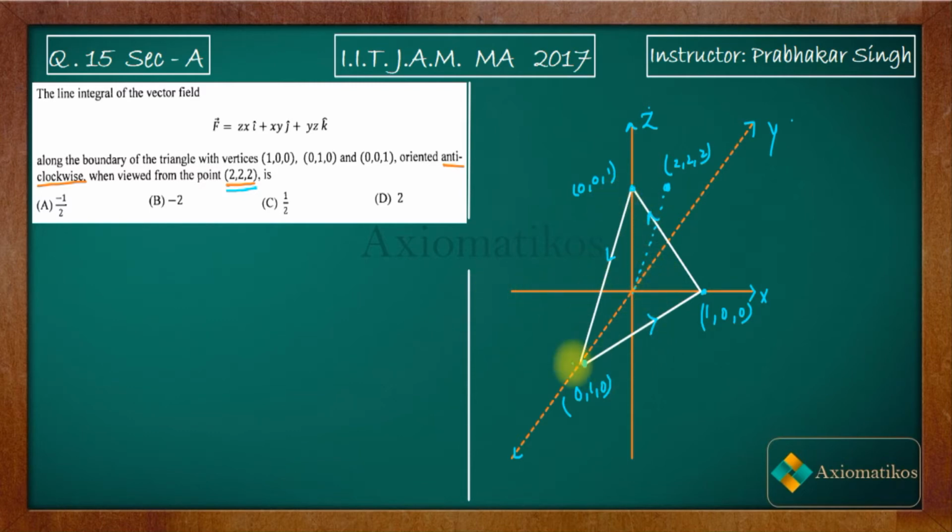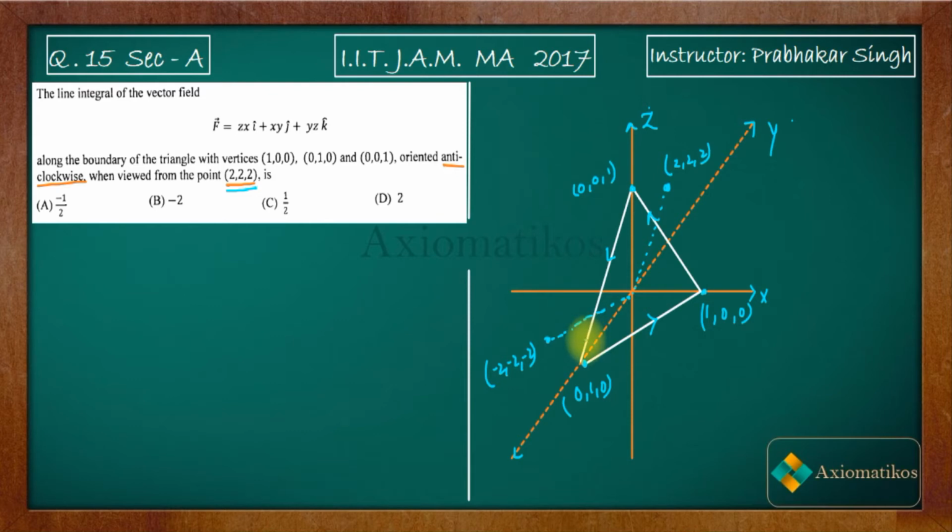Now if I change something and write (-2, -2, -2), then where will the anti-clockwise direction from that point be? The point would lie somewhere here. If we were given this point, then the direction that we have would actually be clockwise, because just consider that the board is on the floor and you are inside the floor.